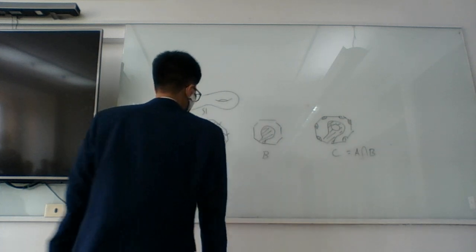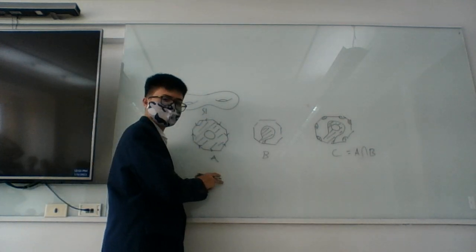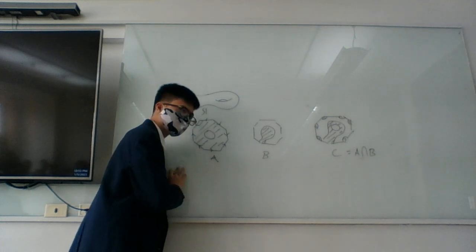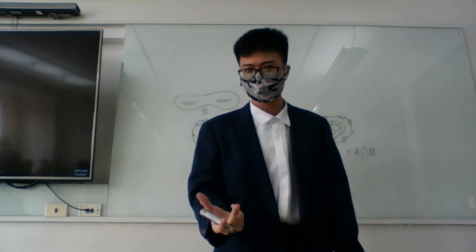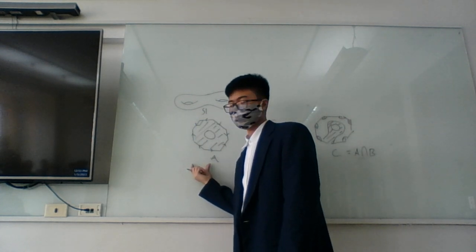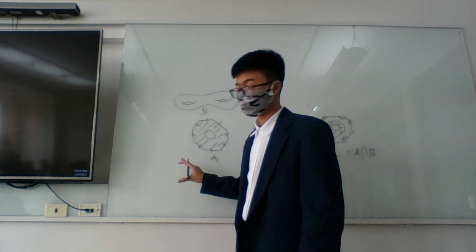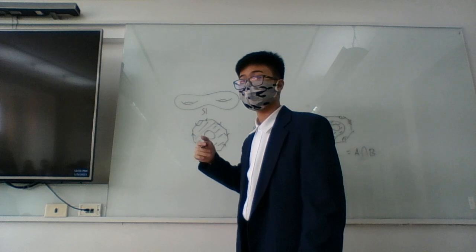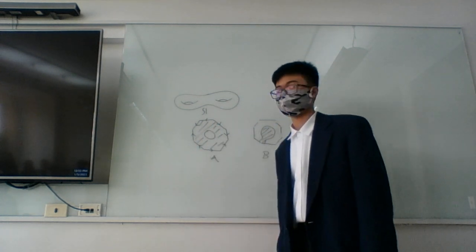Okay, so you'll notice that an octagon has 8 sides, a square 4 sides. If a square is equivalent to a 2-petaled rose, then surely if you follow the pattern, A is homotopic to a 4-petaled rose.